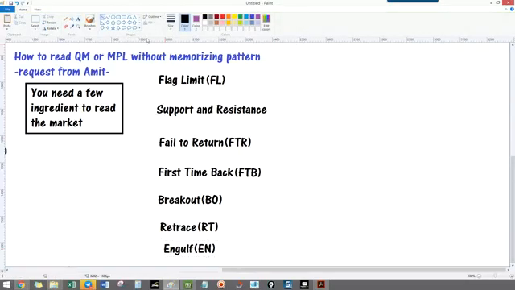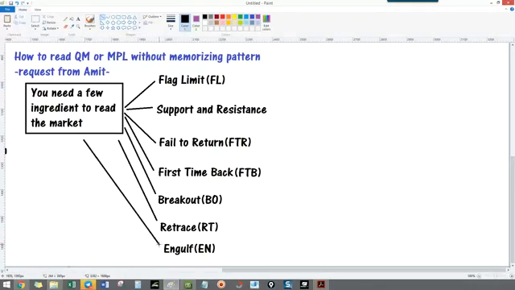This is the thing that you need to have: one, two, three, four, five, six, seven. Okay, so what does this look like in reading MPL?